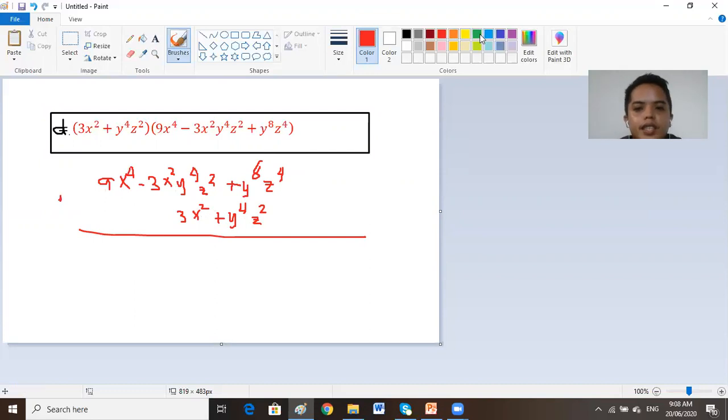So first is this one, the 3x squared. So you multiply this one with this one. So 3x squared times 9x^4, that is 27x^6. Correct? 27x^6.